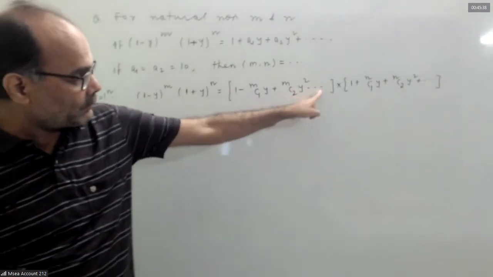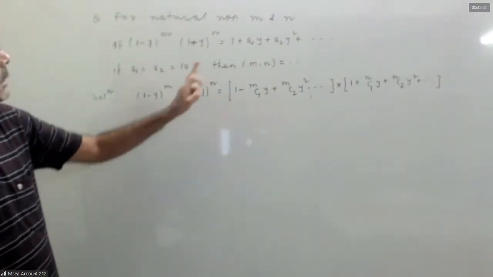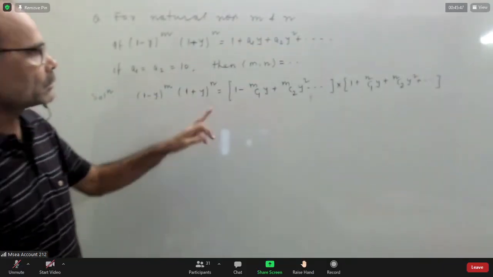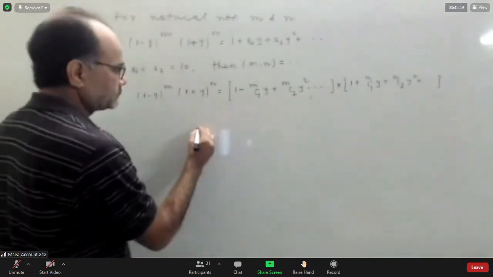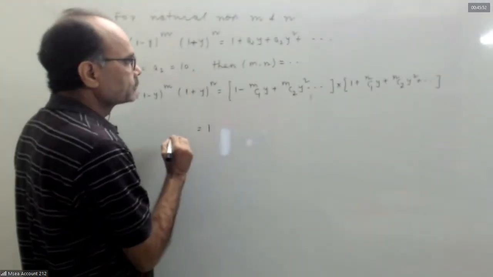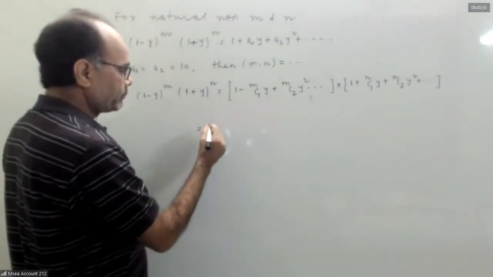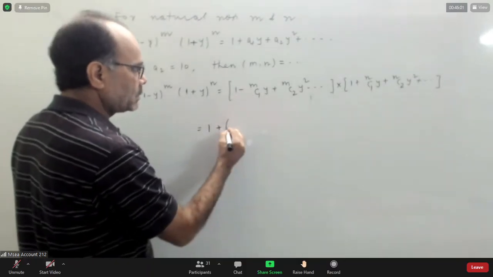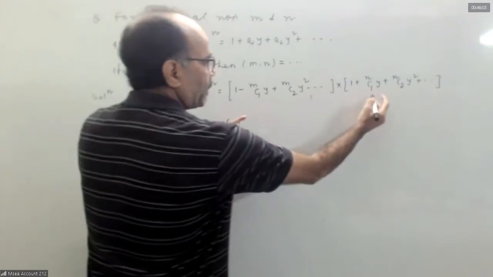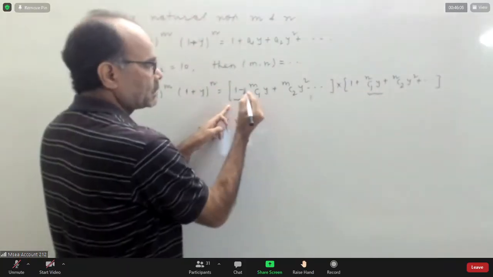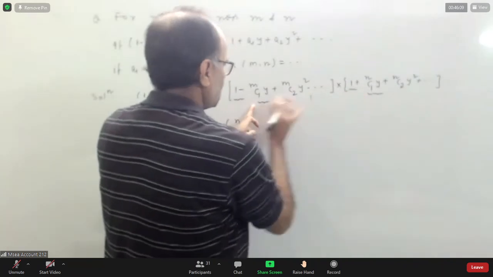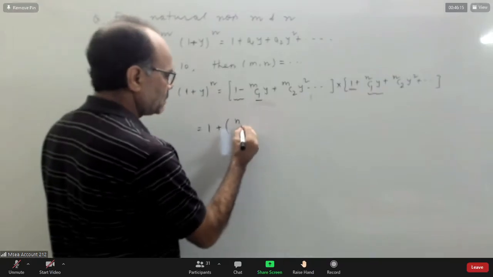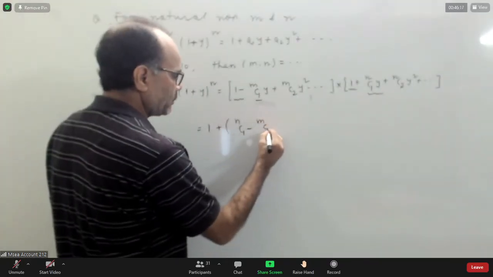If you multiply that term with this, any of the terms, we will get either a constant or y square. So the constant, if you expand it, is just 1. What is the coefficient of y? Plus nC1 minus mC1. Coefficient of y: this multiplied by this, and this multiplied by this. Okay, nC1 minus mC1 into y.